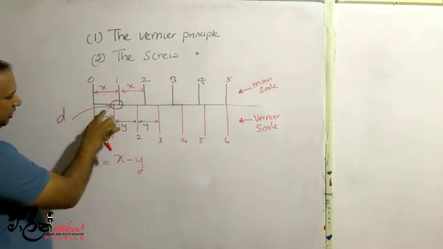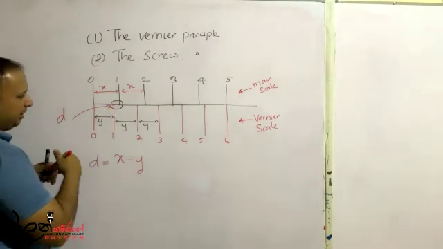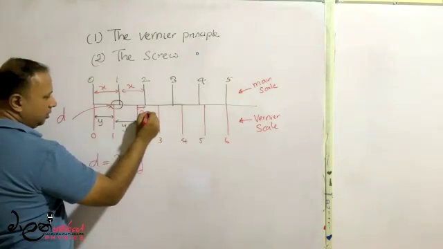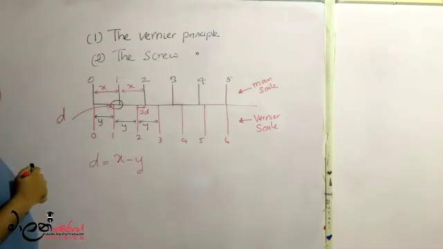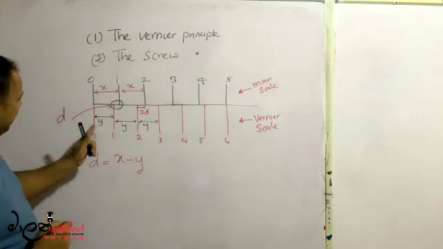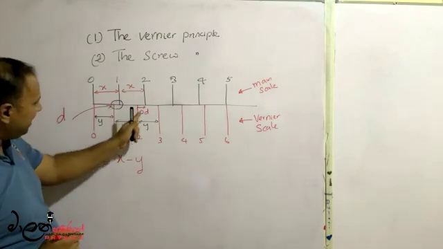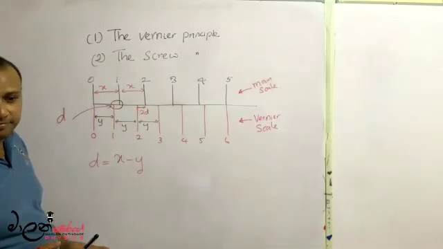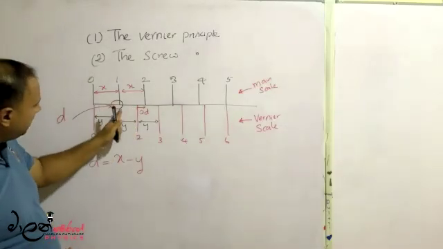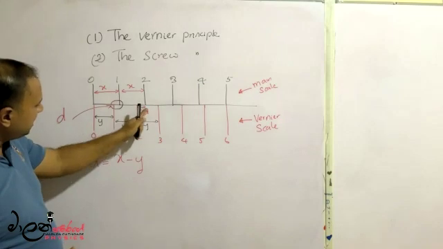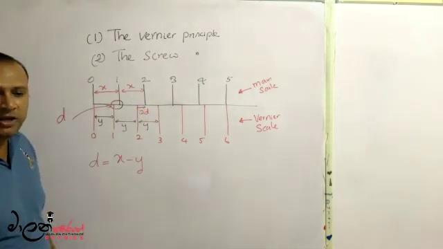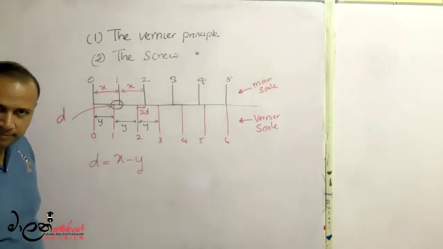And so if this gap is D, then definitely this gap is equal to D, no? This gap should be equal to D. Right? Therefore, both gaps should be added. So if this gap is D, this gap should be 2D. Did you get my point?